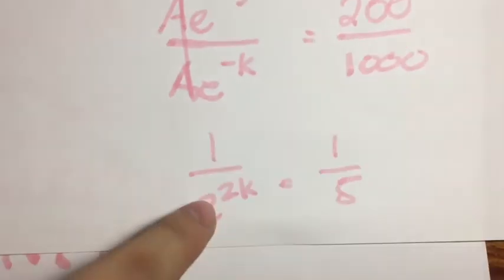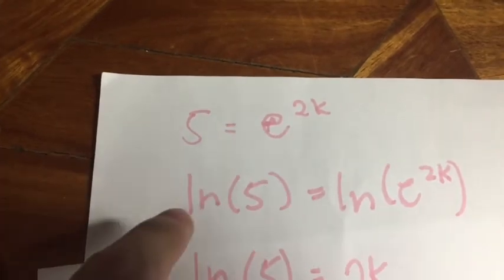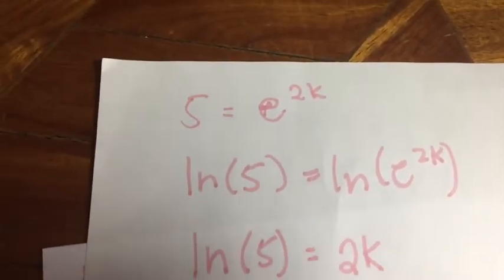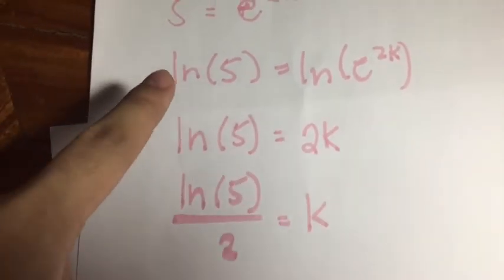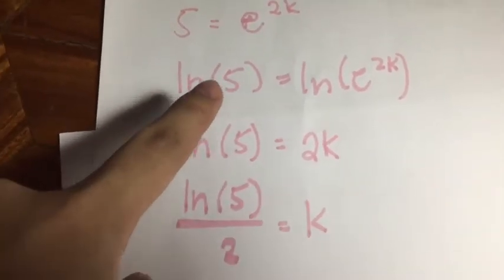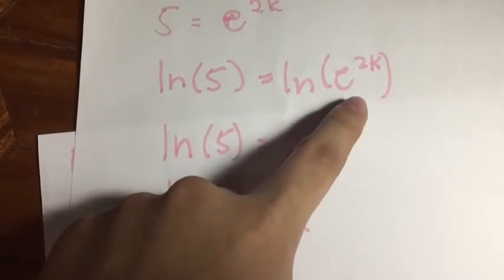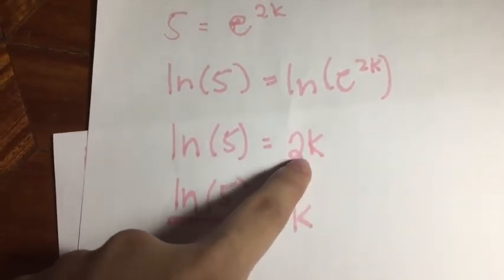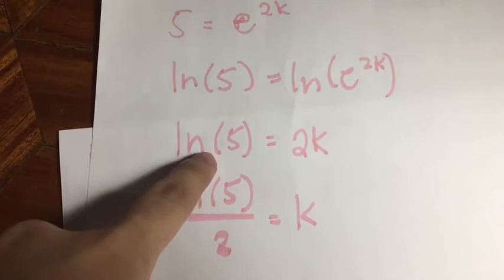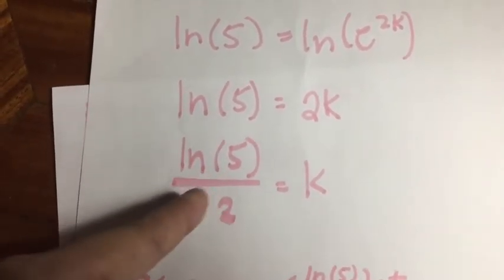With this equation, you can now have 5 equals e raised to 2k, and to make it simpler, we're going to use the natural logarithm. So ln 5 is equal to ln e^(2k), and the natural logarithm of e^(2k) will be 2k. So you're now going to divide ln 5 by 2, so you have ln 5 over 2 equals k.